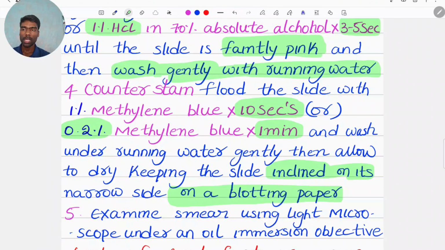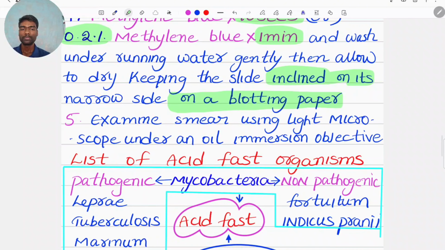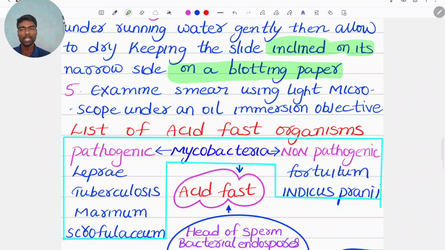Except M. leprae, all other structures would have been decolorized by the acid. Now they will take methylene blue and become blue. So we will observe lepra bacilli as red rod-shaped structures against a blue background because of staining with methylene blue. Now the slide is ready for examination under a light microscope with the oil immersion objective.